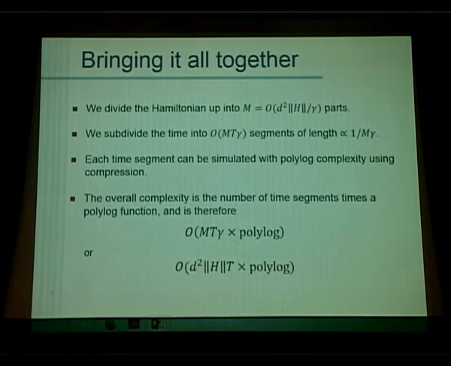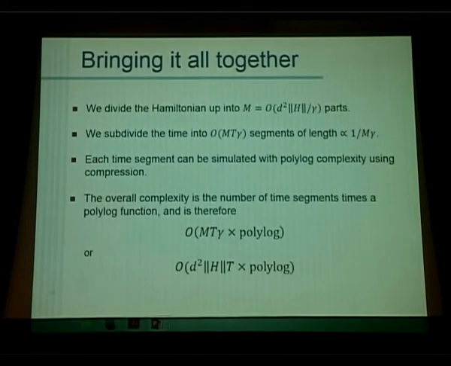So the trade-off is essentially where the probability of failure is no more than some constant, say a quarter, and when you do that, you have segments which are of the length scaling like this, and you have this many segments. And so essentially the complexity is just going to be this quantity times something polylogarithmic in all the other parameters. And then substituting the value of m in, we get d squared norm of ht for the non-polynomial part.